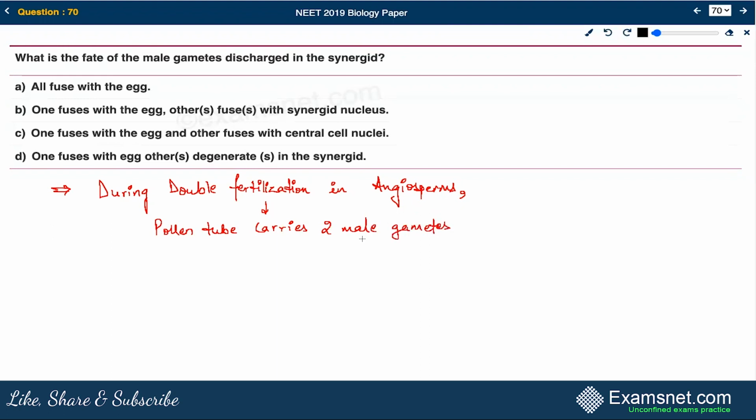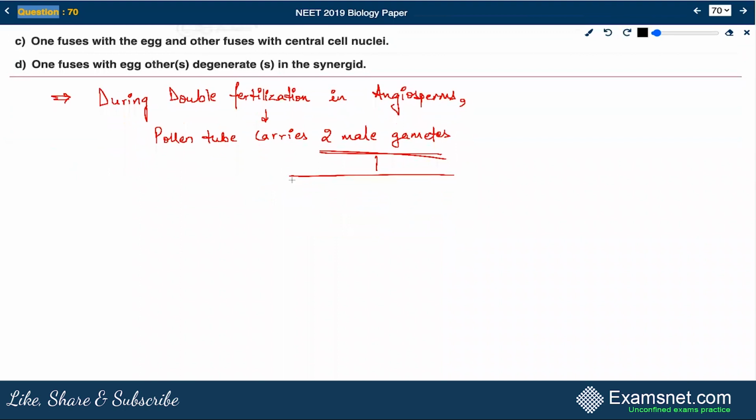Now, out of these two male gametes, both male gametes are discharged into synergid.